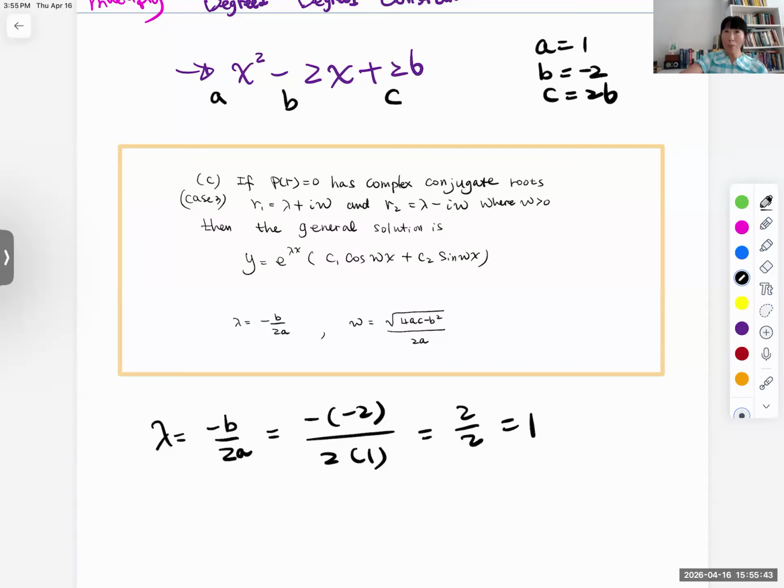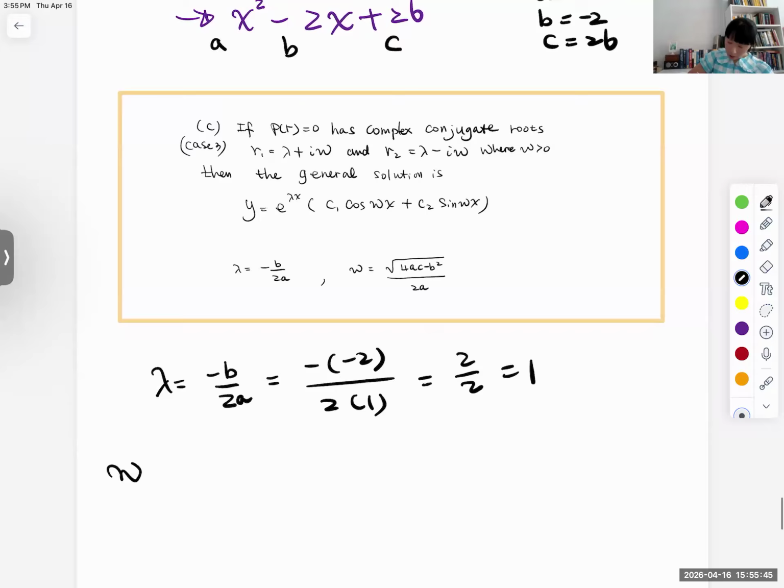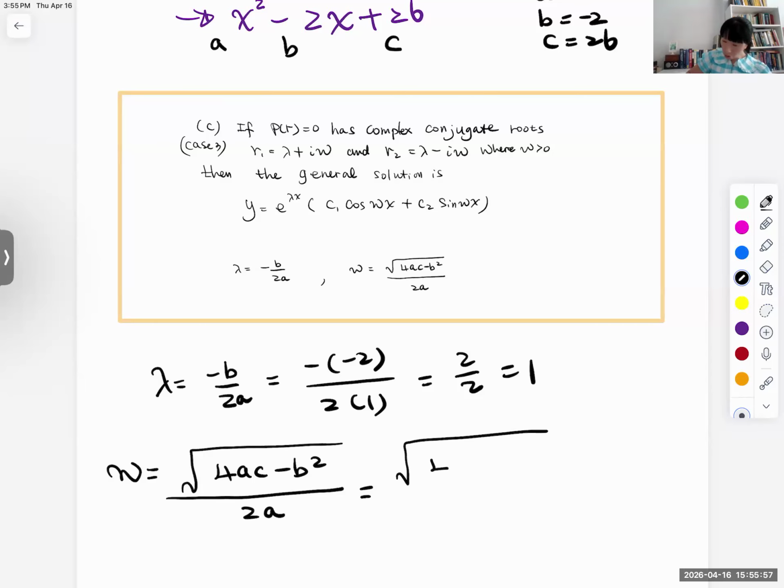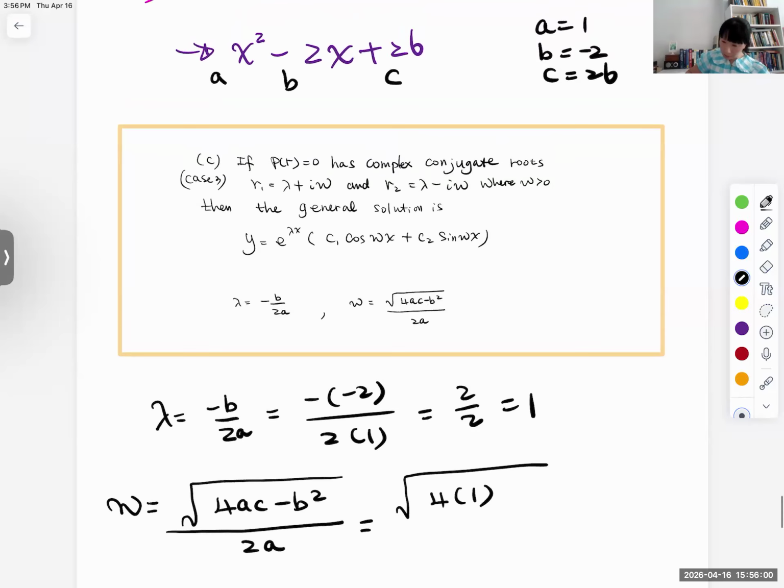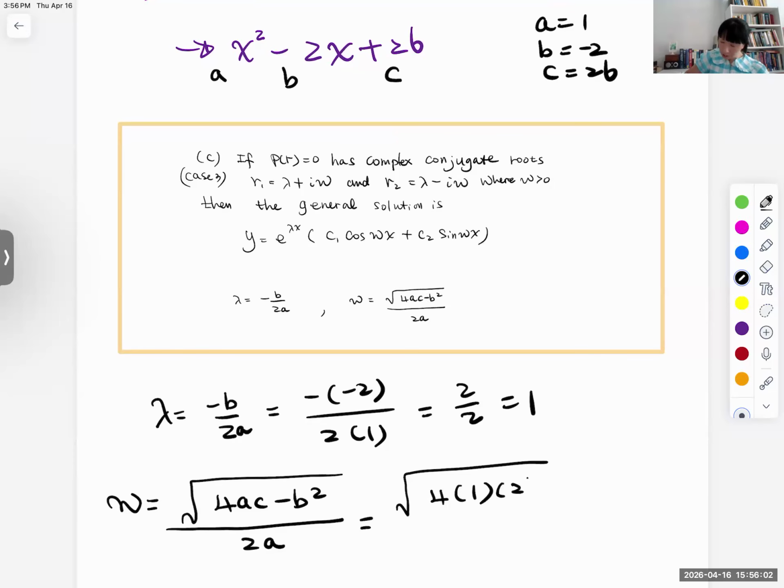Okay. Now, omega equal to square root of 4AC minus B squared over 2A. So that will be square root 4 times A times C 26 minus B squared, -2 squared, over 2A. Okay, can you please calculate? This will be 5. Yeah.